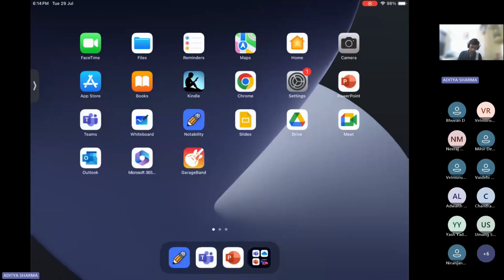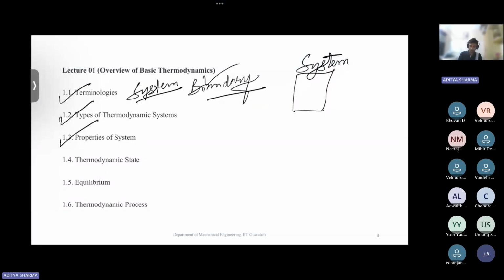Then is your properties of your system. So properties have been categorized broadly into one is your extensive and then one is your intensive. So what is an extensive property?